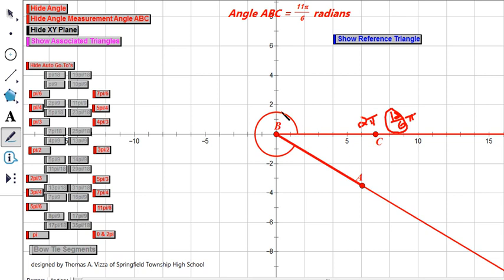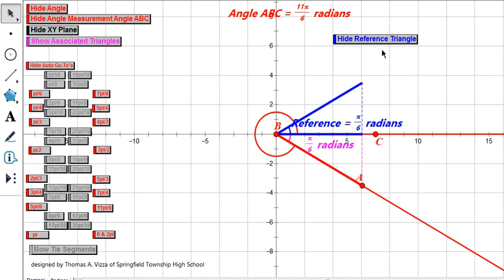Well, if the angle is 11/6, this measure here should just be 1/6 pi to get us up to 2 pi. So if we show the associated triangle, you could actually see, in fact, that it is pi over 6 radians, and therefore the reference is pi over 6.